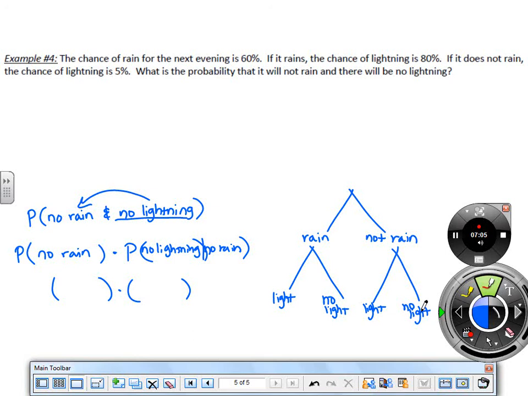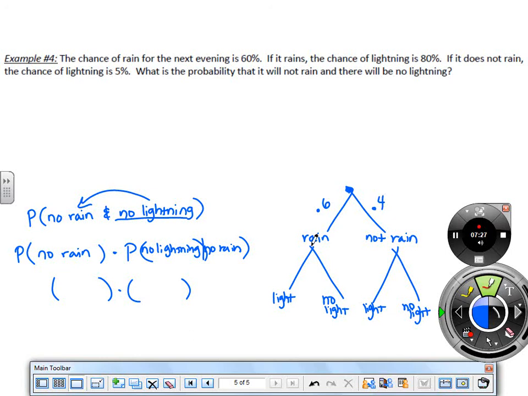Then what we can do is put the probabilities along the branches of the tree to model what's happening. The first decision that's made is: is it going to rain or not rain? The probability of rain was 60%. That means the probability it's not going to rain is 40%, so they add up to 100%. It's either going to rain or not rain.